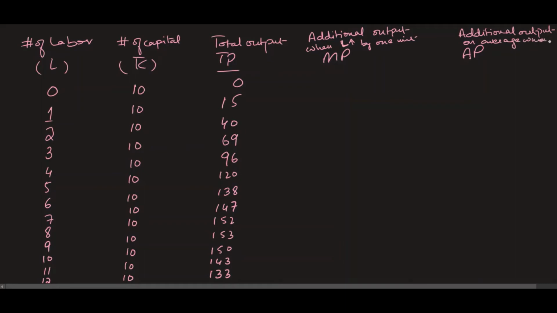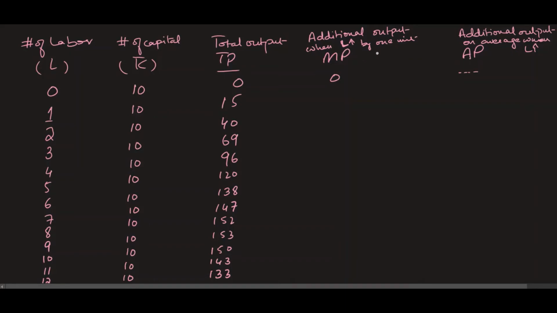So what is the additional, on average, productivity of the labor which I am hiring? For example, when I have hired none of the labor, the marginal productivity was 0. The additional productivity was zero in this case, and the average productivity was also not measurable.